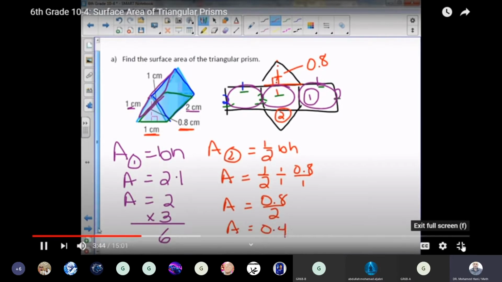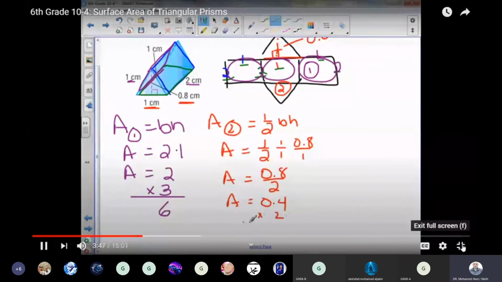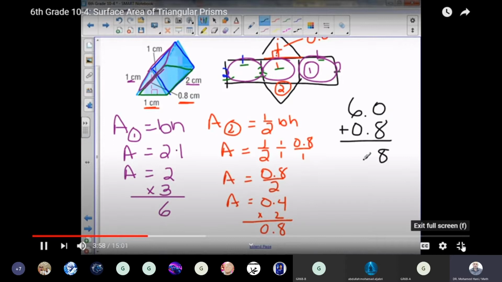And remember, we have 2 of these triangles, so 0.8. Add the two areas together, line up those decimal points. We get a total area of 6.8 centimeters squared.